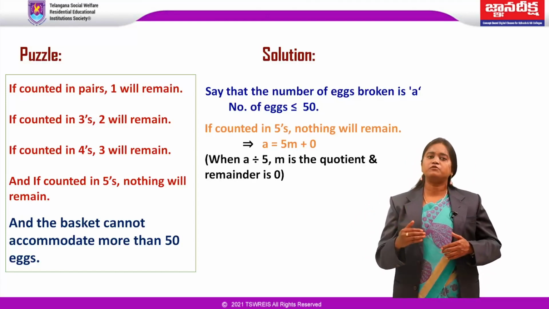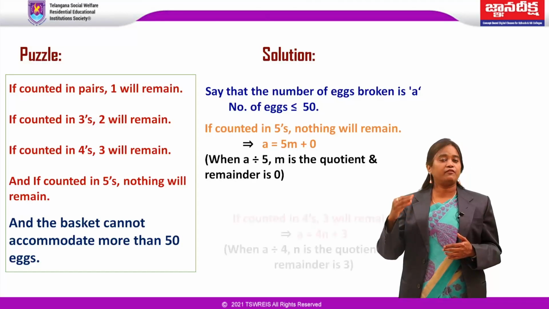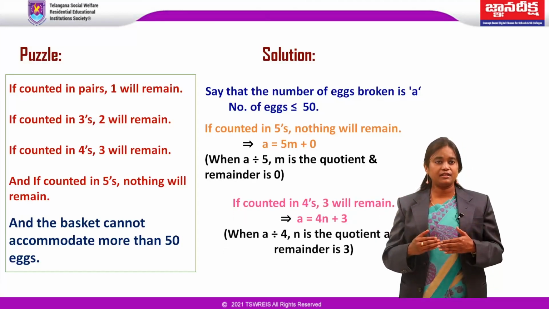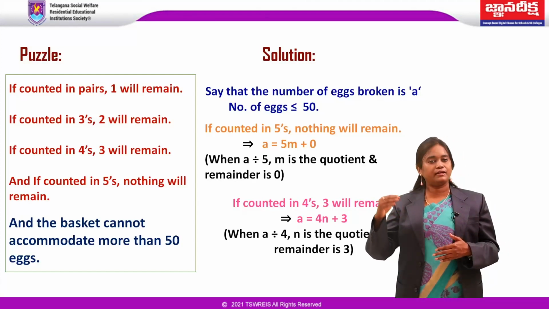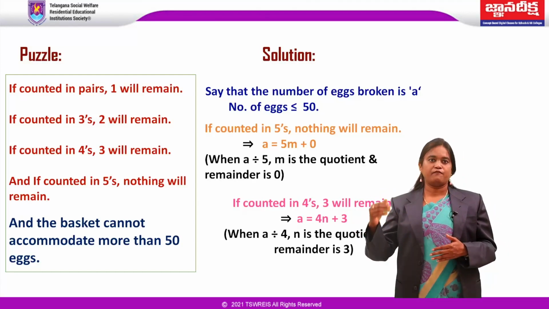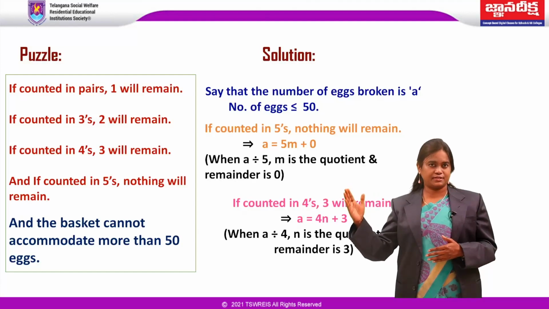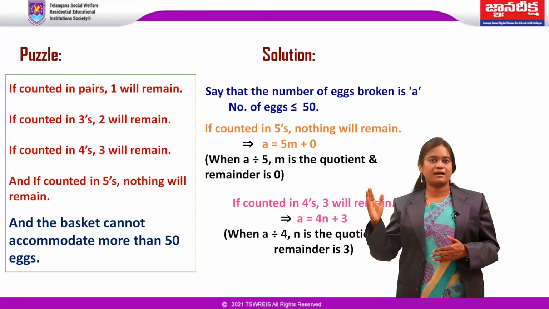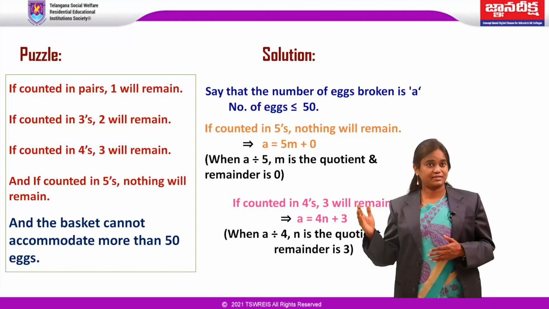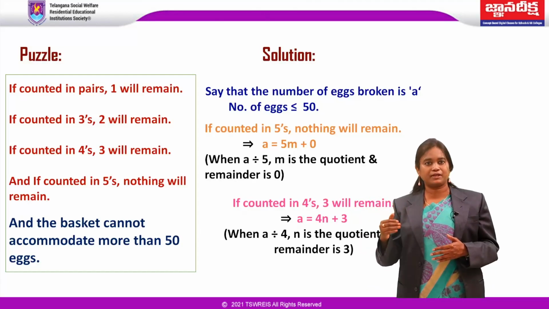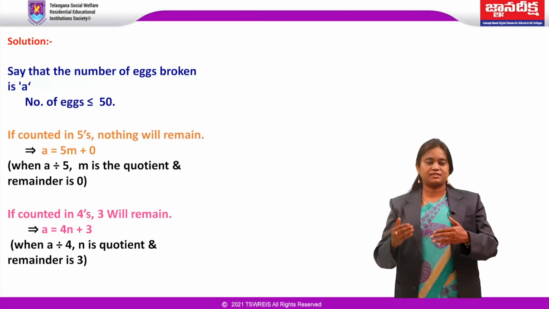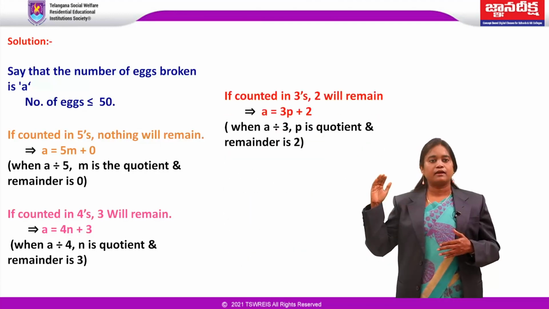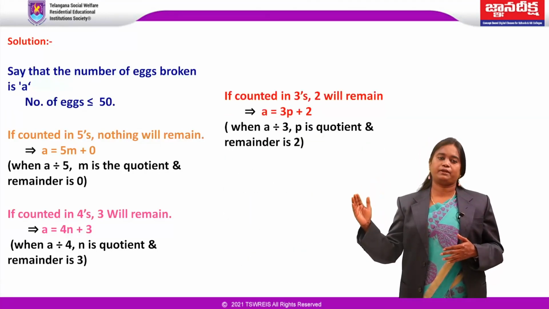Next, if counted in fours, 3 will remain, which means that when the total is divided by 4, the remainder is 3, which can be written as A is equal to 4n plus 3. Next, if counted in threes, 2 will remain, which is translated to A is equal to 3p plus 2.